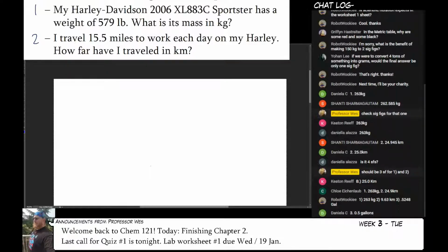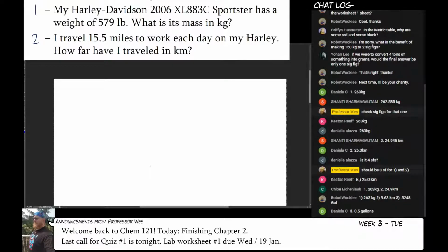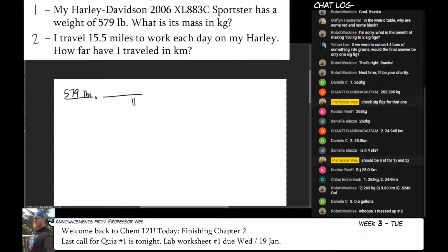Okay, so I'm going to look up the conversions in Google and then I'll just write them in the problem so that we can save some time. My motorcycle weighs 579 pounds. I need to turn pounds into kilograms by doing this.